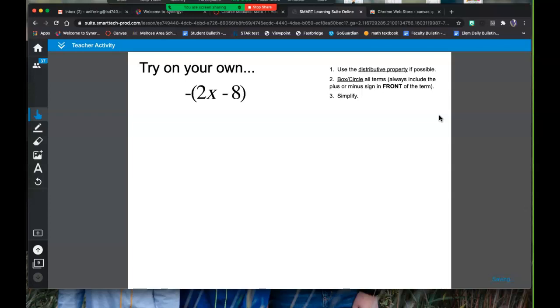I think I got it. Why'd you lose your intelligence? This time, just write what it would be. You can't figure out what x is because it's not an equation. Just simplify it.